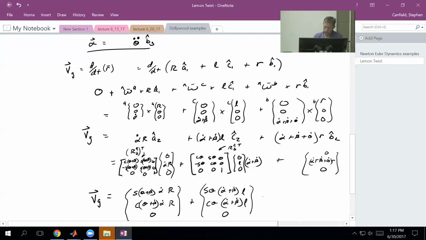And finally 0, alpha dot plus beta dot theta dot R, 0.